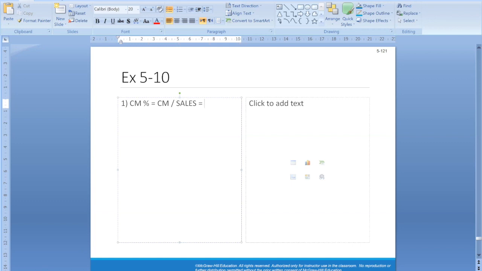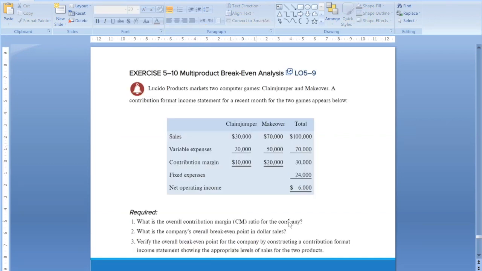The contribution margin for the whole company is $30,000 divided by the sales, which is $100,000. This equals 30%. So number one, what is the contribution margin ratio for the company? We need to use the last column referring to the totals for the company.